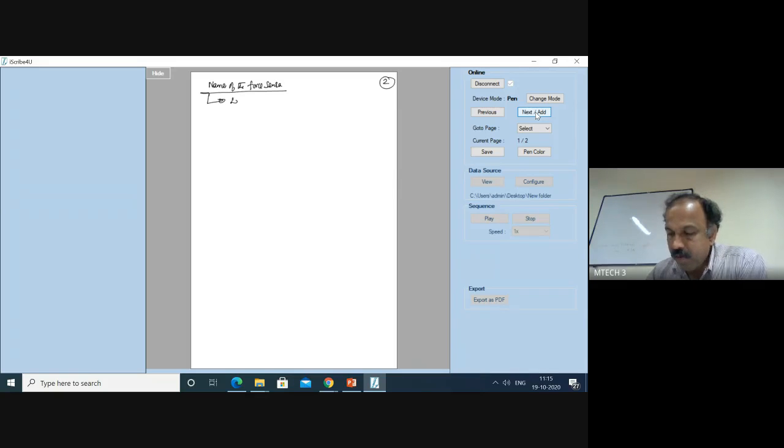The basic one we are going to use is called the load cell. So what is a load cell basically? It is going to look something like this.